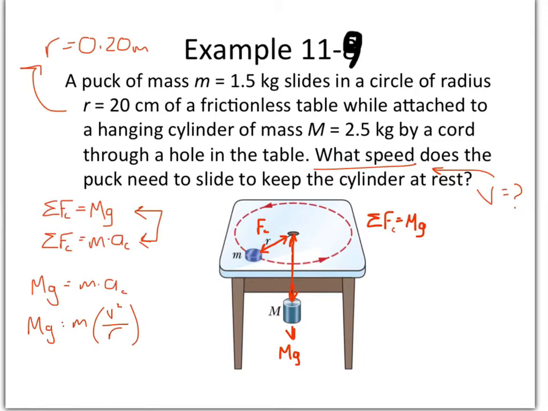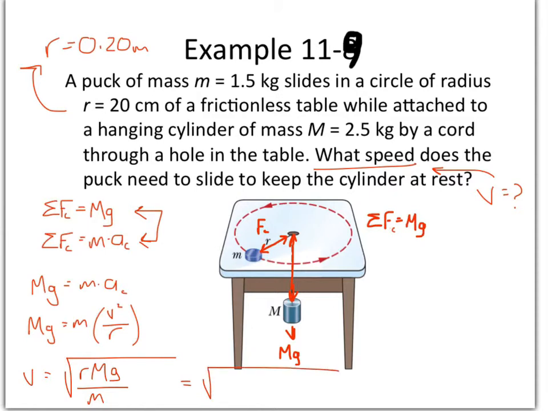Now, we cannot cancel out the m's because we're talking about two different masses right here. But that's okay, we know them both. So we should just be able to rearrange and solve for velocity. This m is going to come down, that r is going to go up, and then take the square root. So we should have the velocity equal to the square root of r big M g divided by lowercase m.